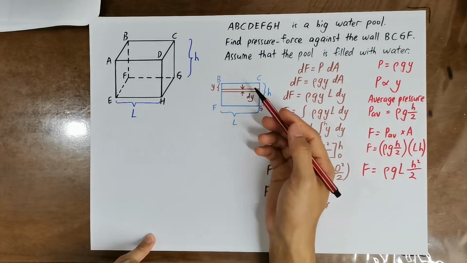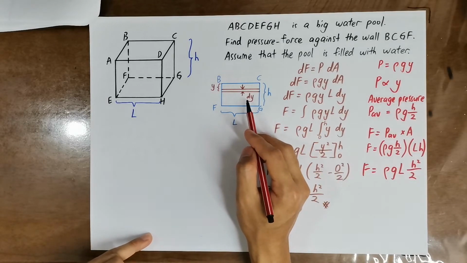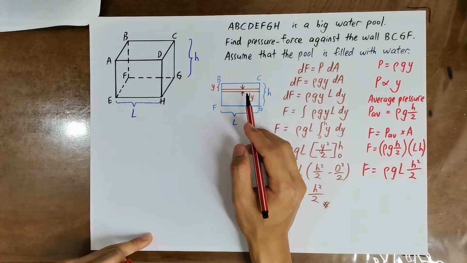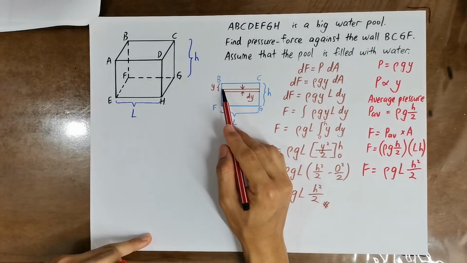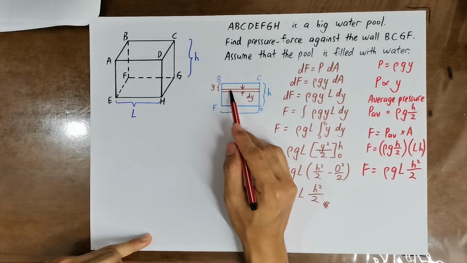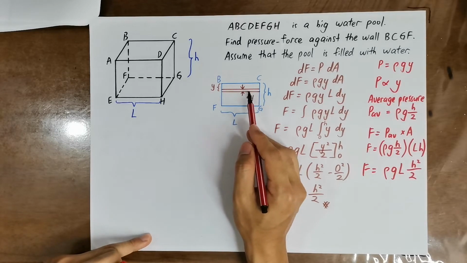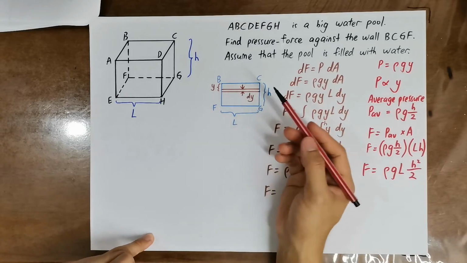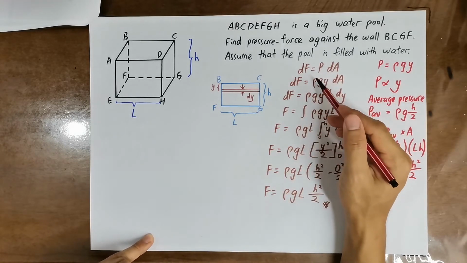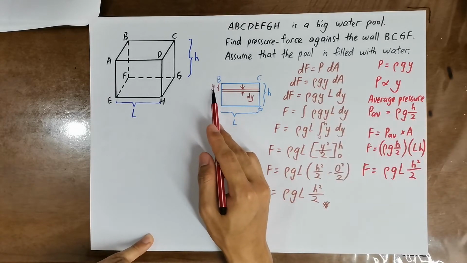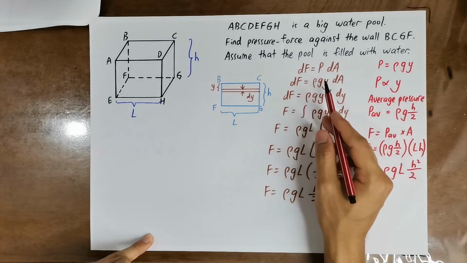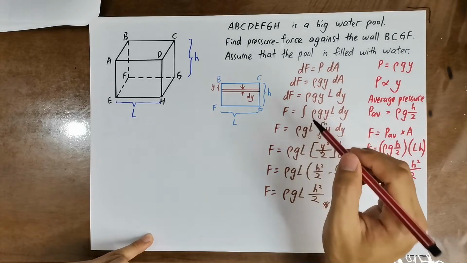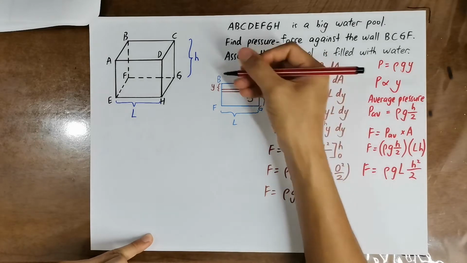Because dy is very small, we can assume that the pressure acting on every single point in this tiny area element is the same. So we assume that the pressure is rho gy, this is y, and the pressure rho gy is acting on every single point in the strip here.